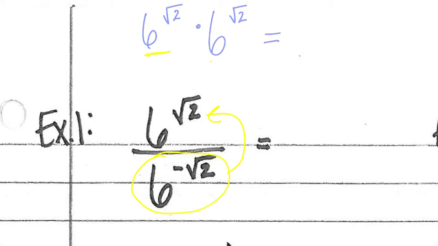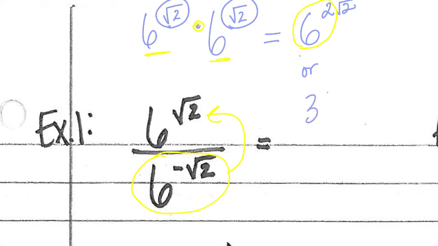So remember, when I multiply, I add. We keep the base the same, and I know that root 2 plus root 2 is 2 root 2. So the answer here is 6 to the 2 root 2, or you can also go ahead and multiply these and make this 36 to the root 2.